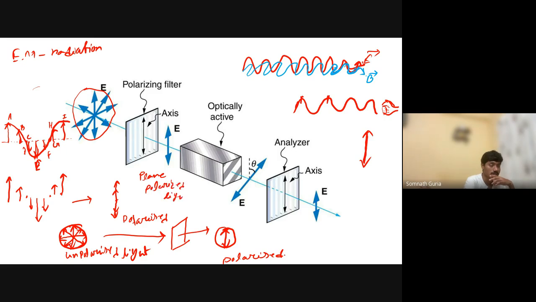Okay, so whenever this plane polarized light passes through a sample solution where the optically active molecule is present, it rotates the plane of polarization of the electric field of that light in a certain direction, which deviates from our initial position.